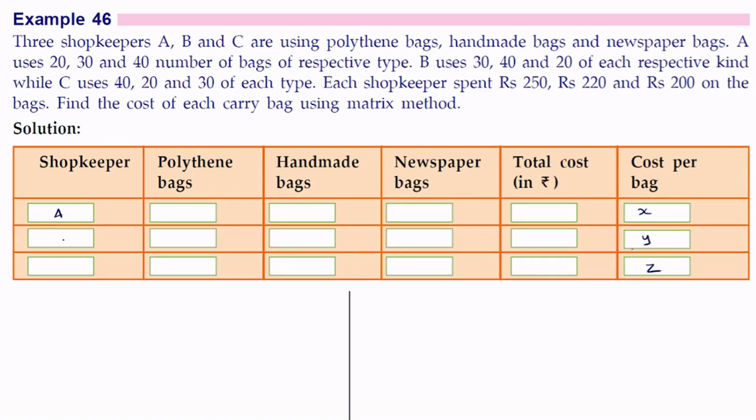So here we have three shopkeepers A, B and C. A uses 20 polythene, 30, 40 and total cost spent is 250. Then B uses 30, 40, 20 and the amount spent is 220.